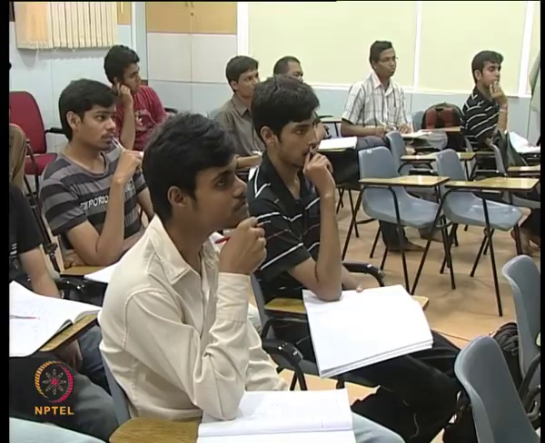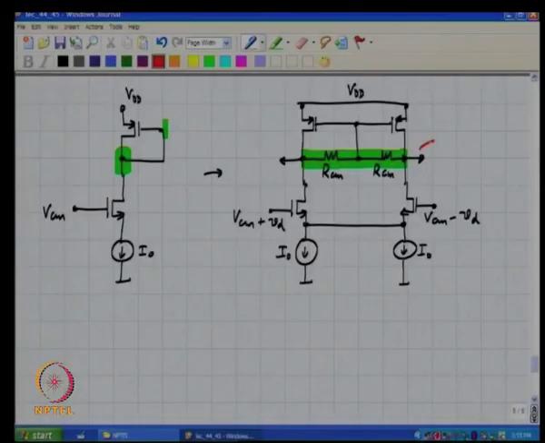It will simply, the final common mode voltage that will occur is VDD minus VSG of the PMOS transistor, which of course depends on VTP and the square root of 2 I naught by mu p C ox W by L. Is this clear? All right.